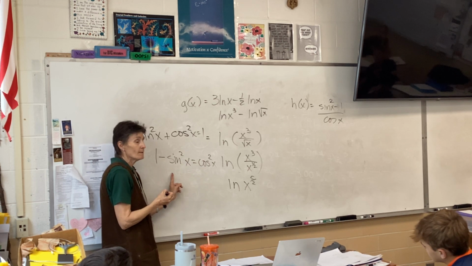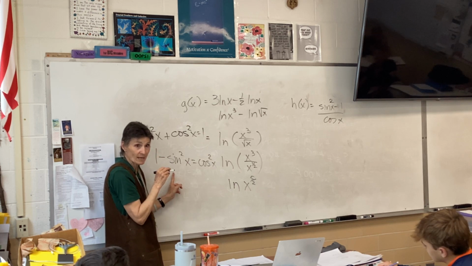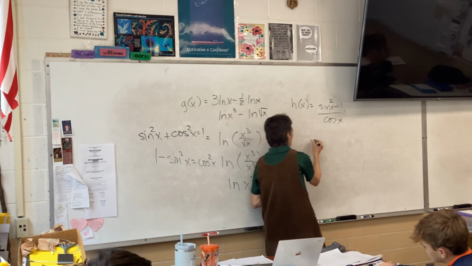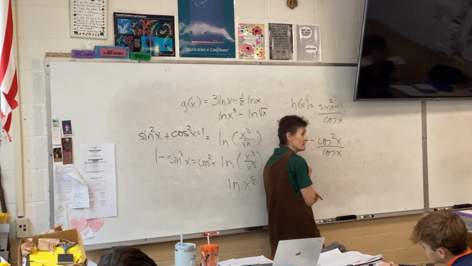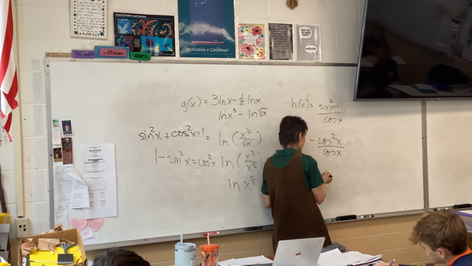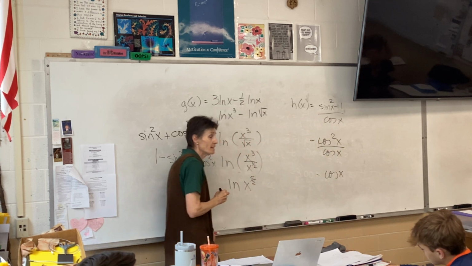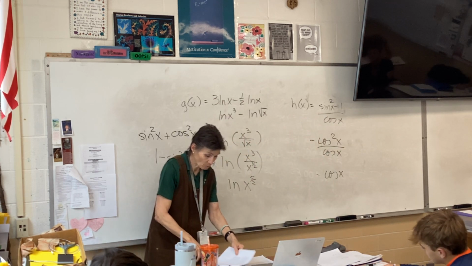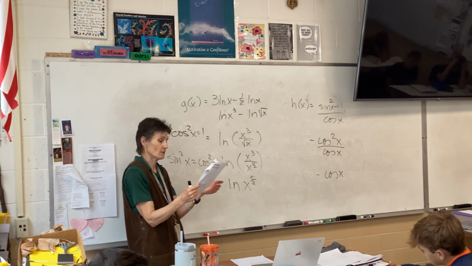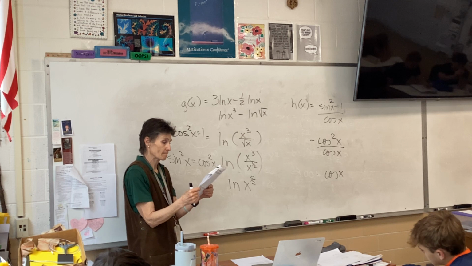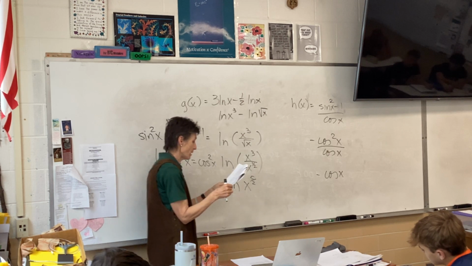So the top is actually negative cosine squared, and now we can cancel, and all we are left with is negative cosine, which meets the requirements of only cosine and no other functions. Are we good? All right.